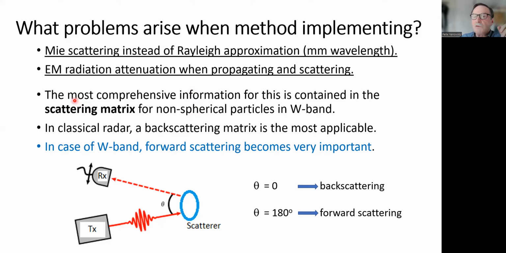The most comprehensive information for all these things is contained in the scattering matrix for non-spherical particles in W band. In classical radar, a backscattering matrix is the most applicable. But in our case, for W band, we need also to take into account forward scattering. It is also very important. Backscattering is used to estimate the reflectivity, and forward scattering is used to estimate the attenuation in water droplets.